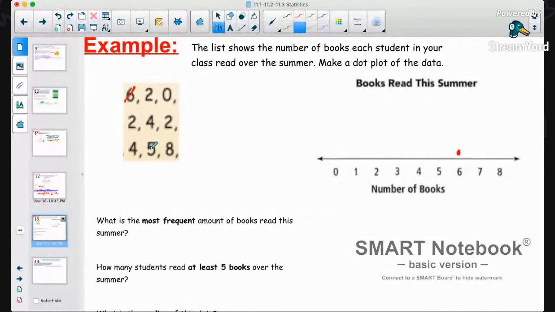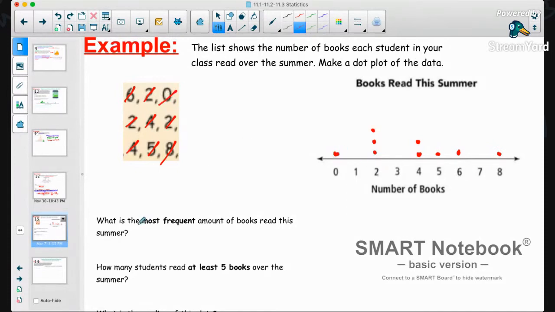How many students read 2 books during the summer? 1, 2, 3 students. How many students read 4 books? 1, 2. How many students read 1 book? Just 1 student. How many students read 8 books? 1 student. And 1 student didn't read anything.